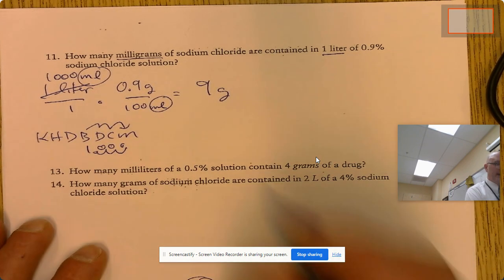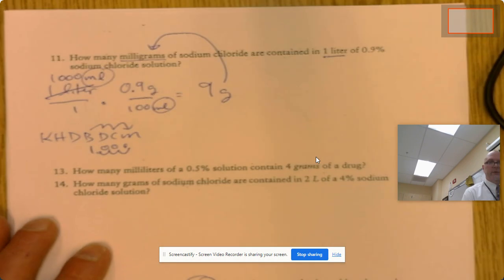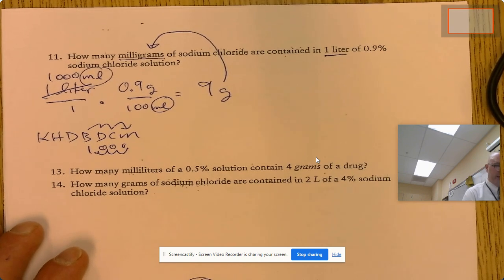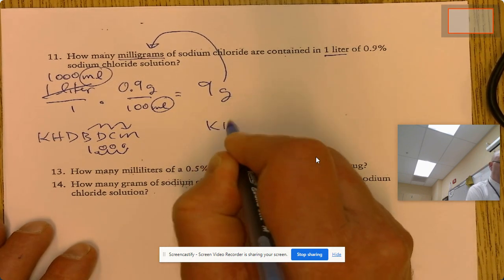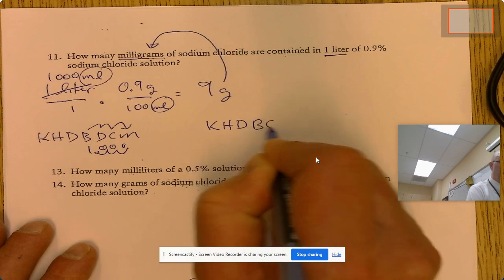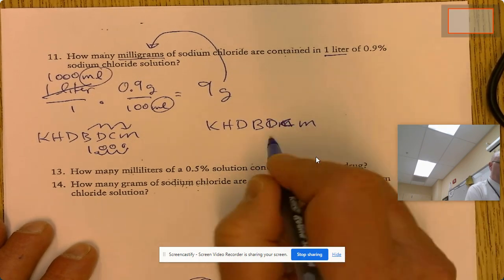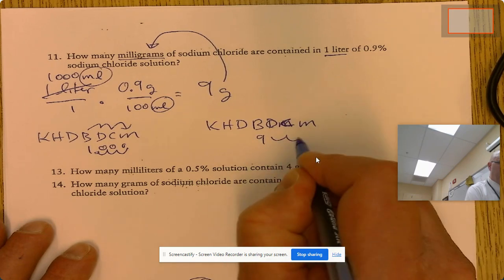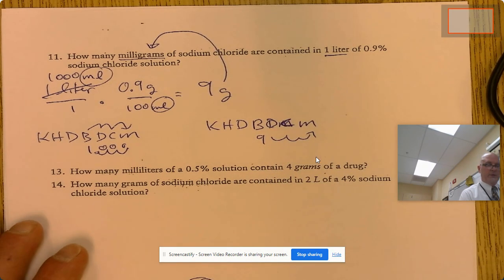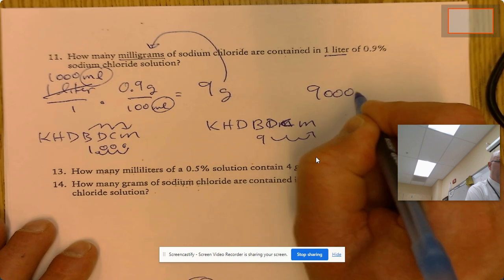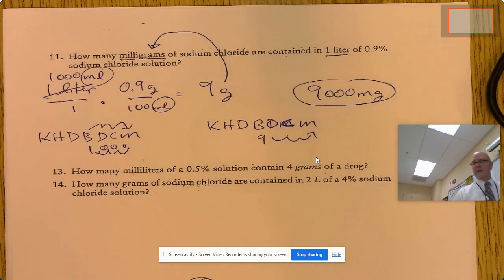Now, the question doesn't ask for grams. It asks for what? Milligrams, which means I need to also, one more time, yet again, convert my grams of 9 over to what? Milligrams, which means my final answer is going to be 9,000 milligrams. So conversions, sometimes no conversions, sometimes everything lines up nice.